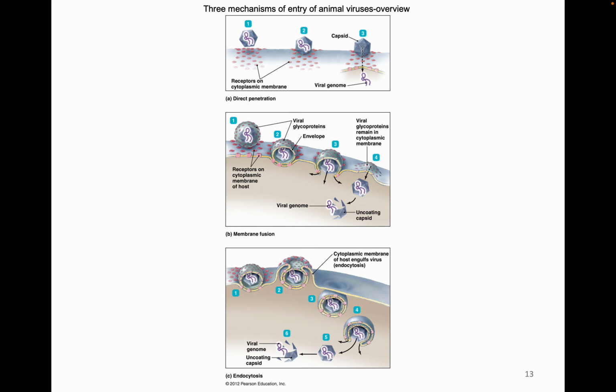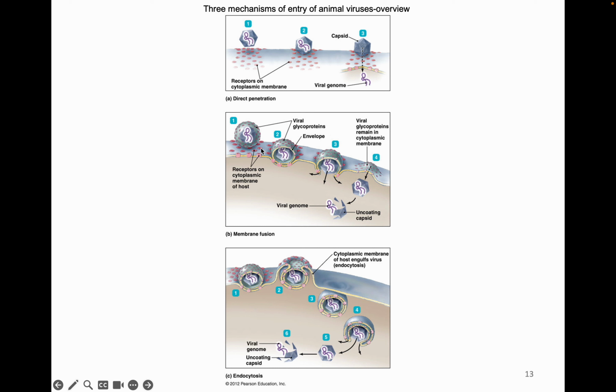Three mechanisms of entry of animal viruses, overview. So let's look at this. There can be direct penetration, where the virus has receptors. The virus attaches to these receptors on the cytoplasmic membrane, and the genetic material of the virus is brought inside the cell. So here's the viral genome. The capsid's left out here on the cell membrane.